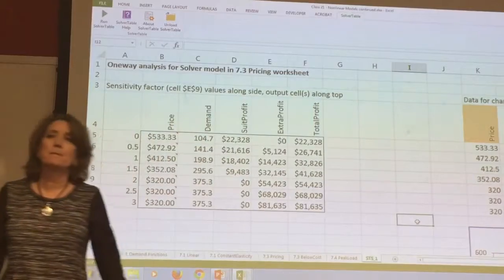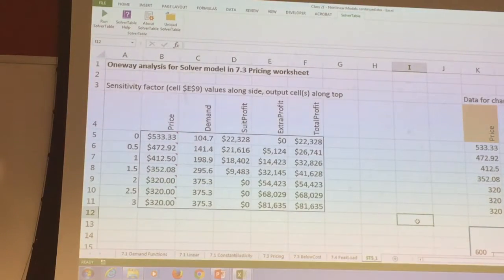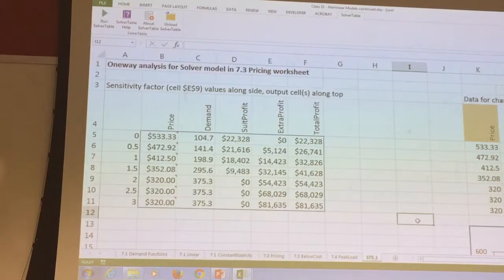This is interesting. What do you see interesting about those results as you get to higher sensitivity factors? In other words, if you truly believed that your shirts and ties, you were selling twice as many, 3 times as many as what you think you are, what would it cause you to do?